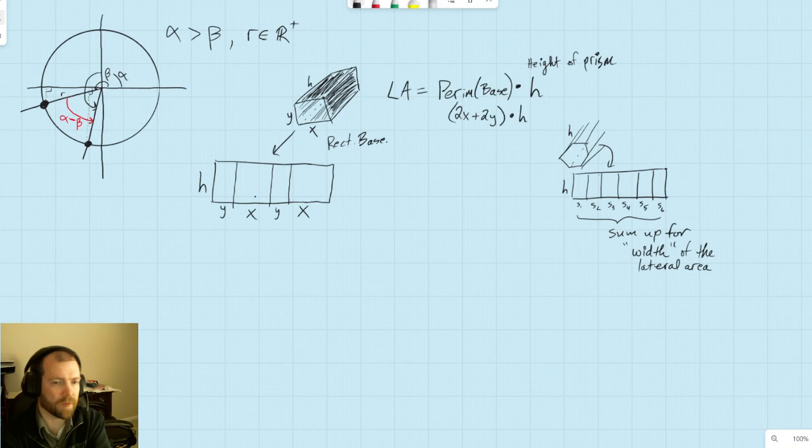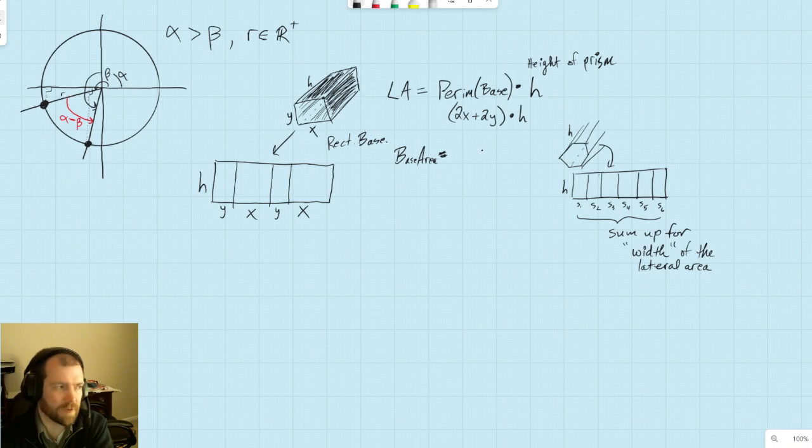So again, rectangular base makes it nice and easy. These are repeated values. So x plus x, y plus y: 2x, 2y. And then multiply by your h. And then here, to get the base area, now it depends on what shape you're talking about.